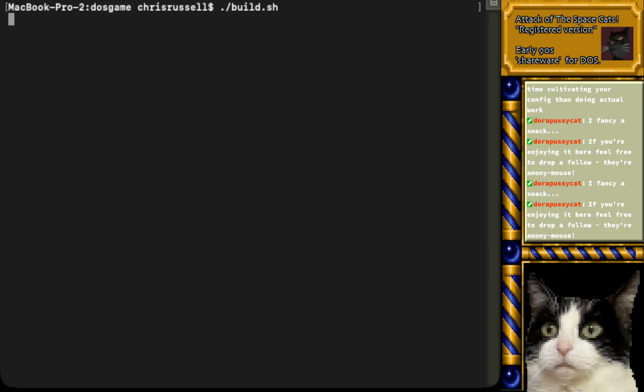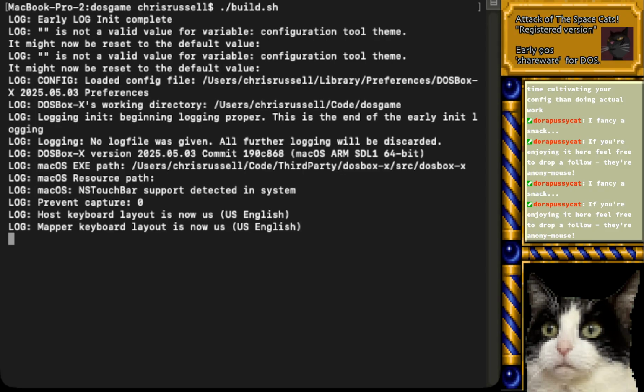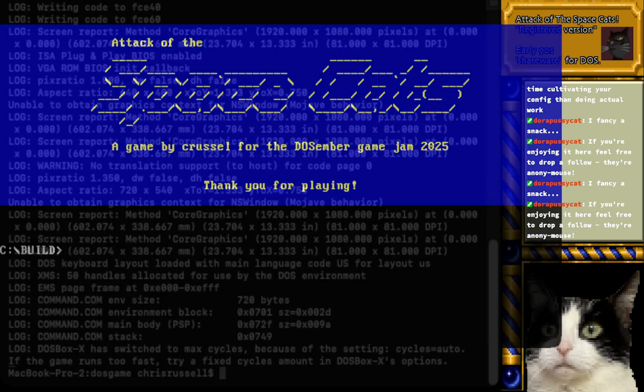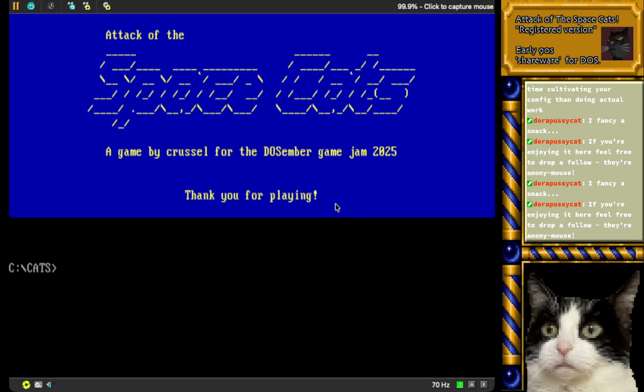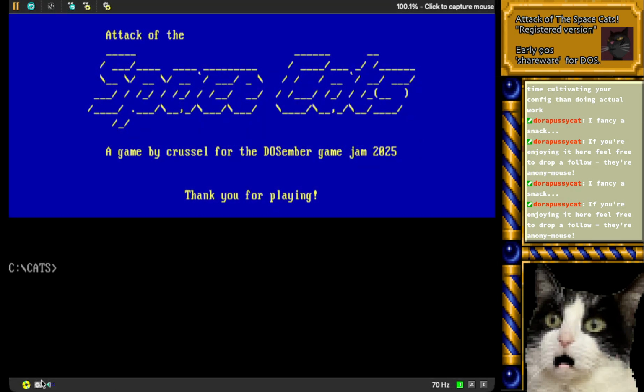What we should also be doing is testing this in 86Box, where the performance is terrible, because it should be a bit better now. In fact, I'll go as far as to say it should be a lot better, at least for those little bits of animation that we've changed.